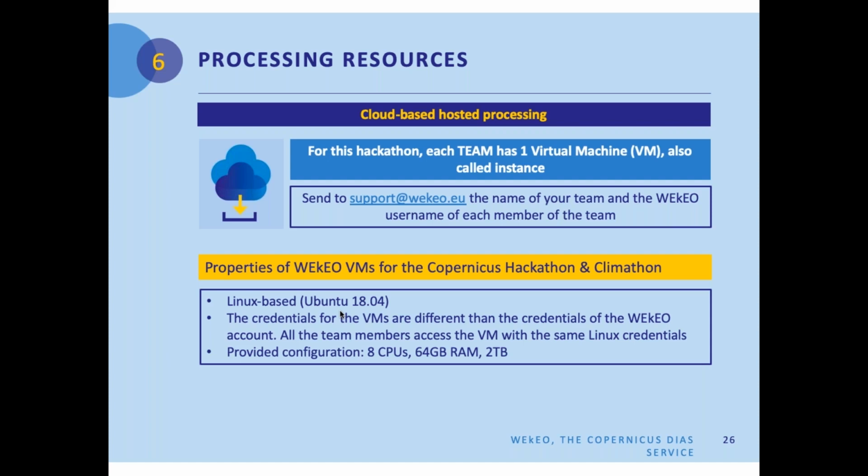As I was saying, the credentials are different from your account: you will have your WEkEO credentials related to your name, and apart from that, you will have these Linux credentials that will be the same for the whole team. The configuration that we have decided to provide for the hackathon is 8 CPUs, 64 GB of RAM, and 2 TB of storage.